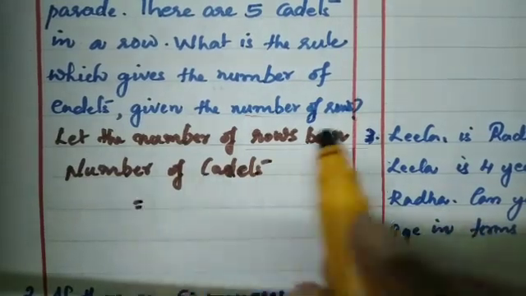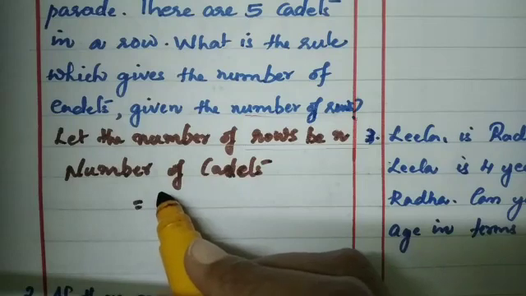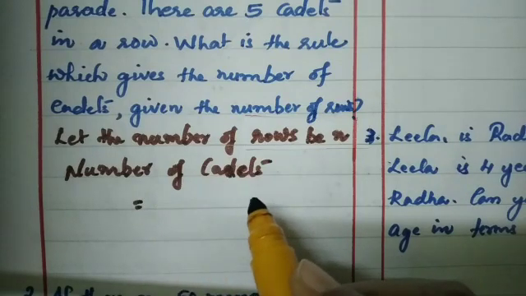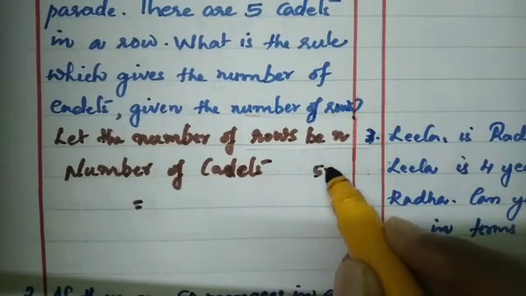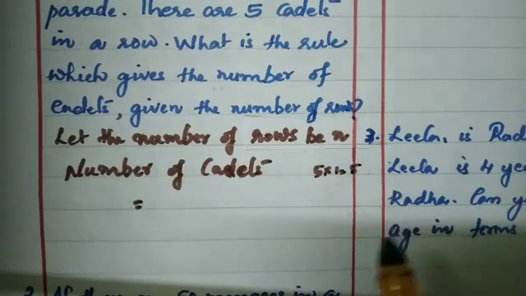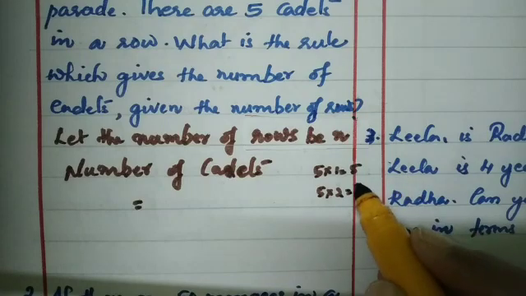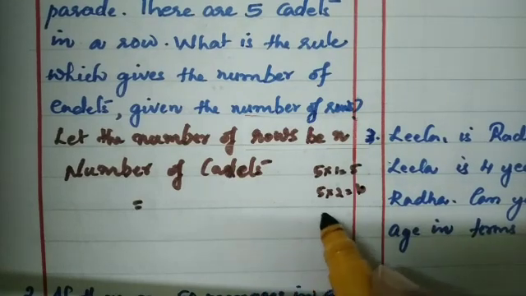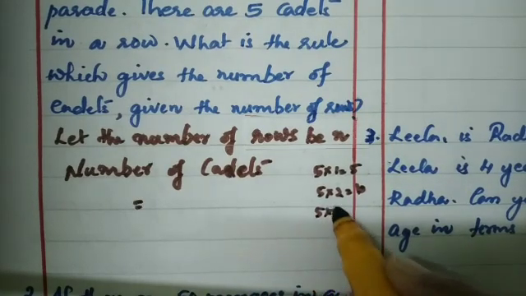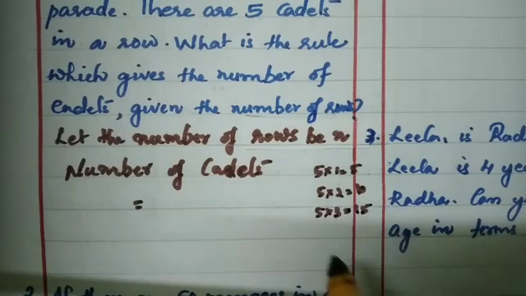equals, here for the first row is 5 multiplied by 1, 5 cadets. Then 2 rows is 5 multiplied by 2, 10 cadets. Okay. For 3 rows, 5 multiplied by 3, 15 cadets.